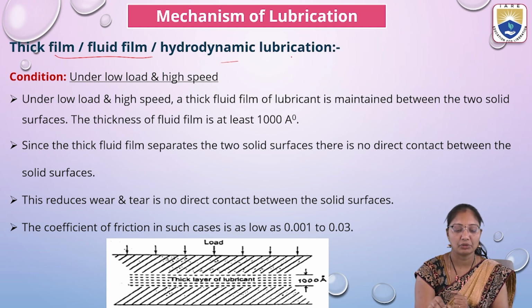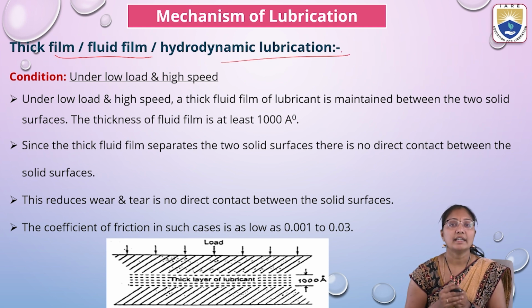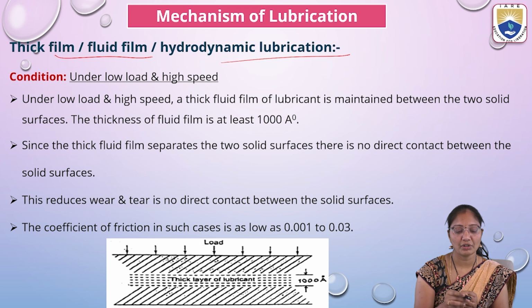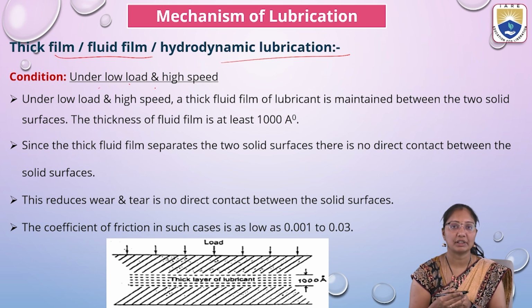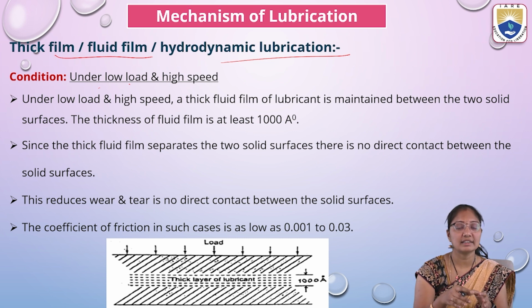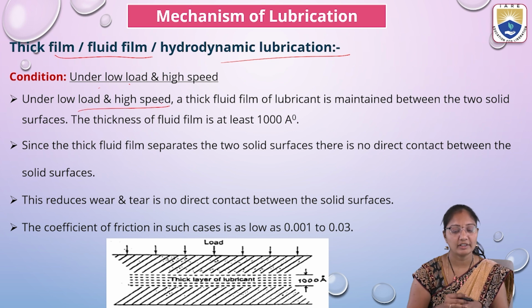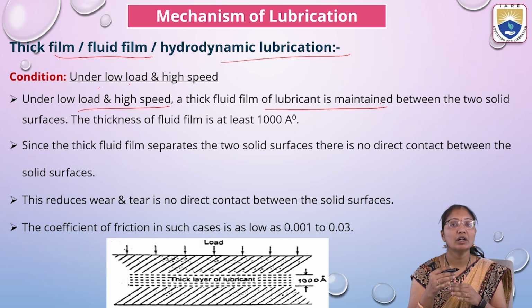Coming to the first mechanism type, the thick film or fluid film or hydrodynamic lubrication, it generally occurs under low load and high speed. The load will be very low and the speed of the mechanism will be very high. Under these conditions, a thick fluid film of lubricant is maintained between the two moving solid surfaces.